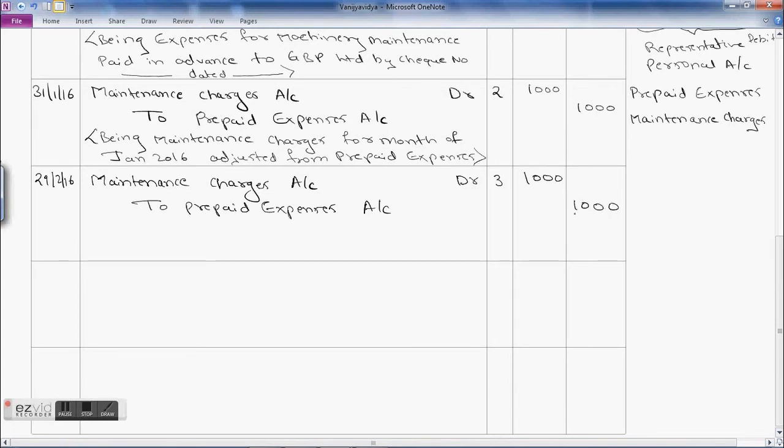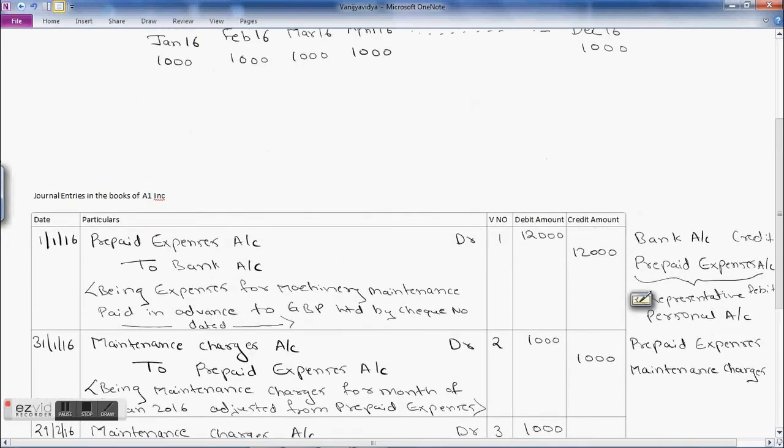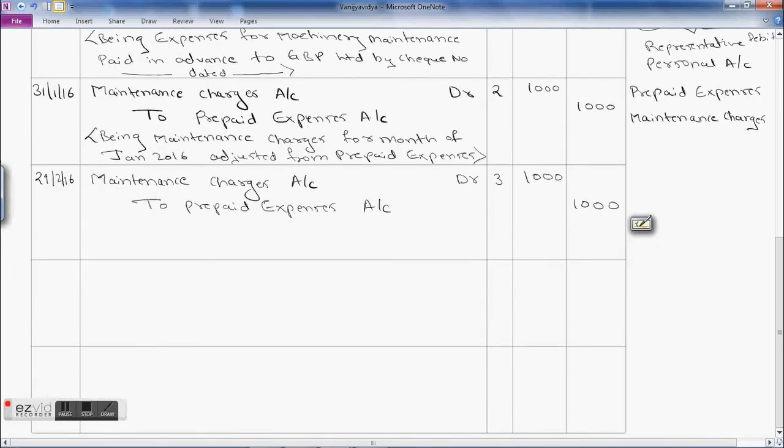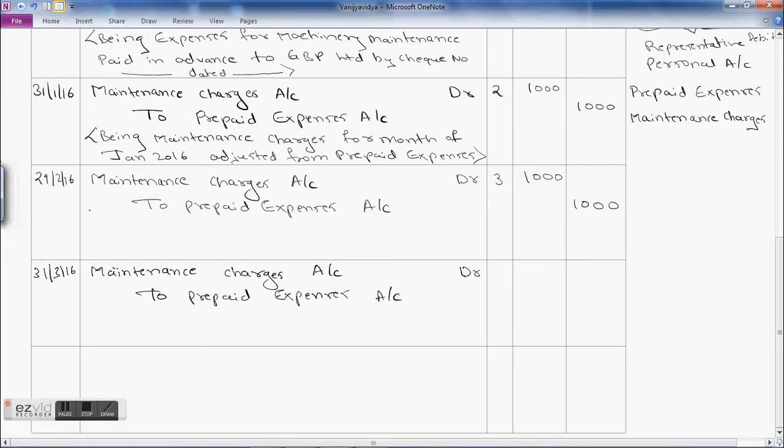We have done this working, right? So every month the amount that will accrue is 1000 rupees. Again 1st March there is no entry, but at the end of March, that is 31st March 2016, there will be the entry, that is maintenance charges account, debit to prepaid expenses account.